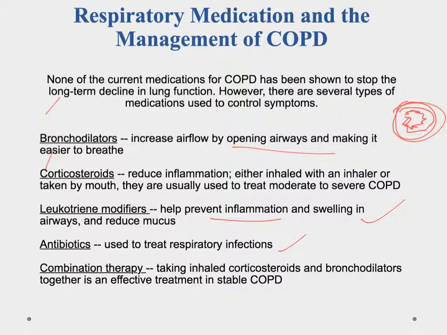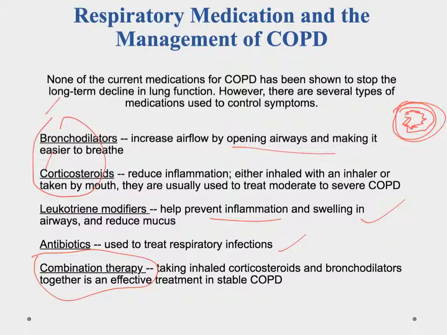Combination therapy, taking an inhaled steroid and a bronchodilator together, is an effective treatment. So this is the latest and greatest. We have inhalers now that have both bronchodilators and corticosteroids in them, which has been very effective in the treatment of COPD.